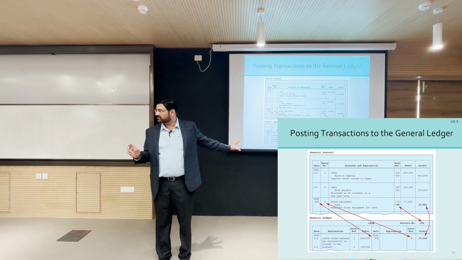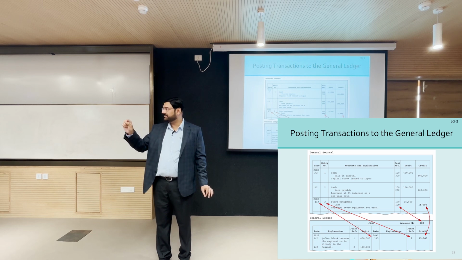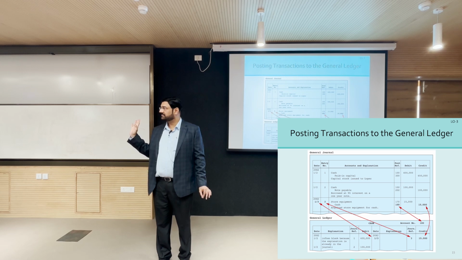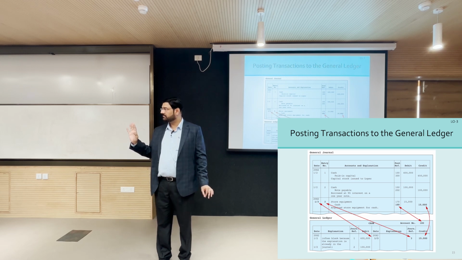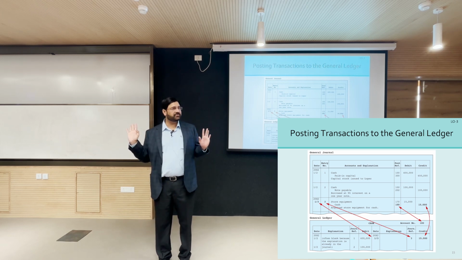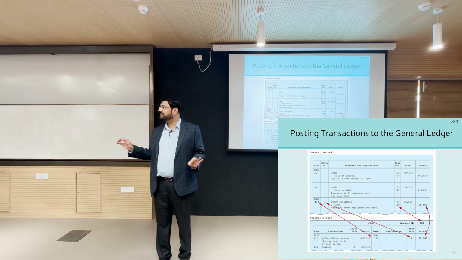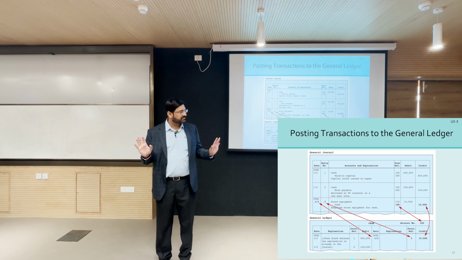From our rules, we said increase in asset is debit, decrease in asset is credit. You remember that? I just showed the slide. So, cash increased, so cash account is to be debited. Everyone clear? Cash increased, cash is an asset, increase in asset is debit, so cash account is to be debited, right?